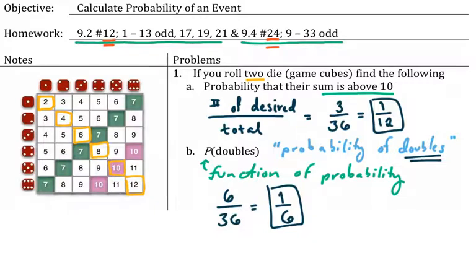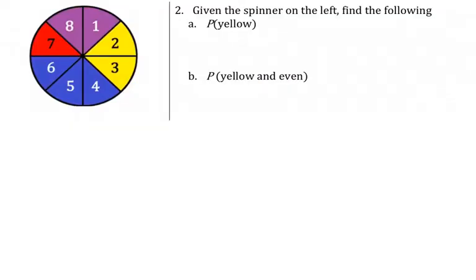Looking at another type of probability, you might see something like a spinner. These are nice equally sized pieces. P of yellow. So again, probability of landing on yellow. Yellow, we have 2 out of the total 8. So our fraction would be 2/8. We can simplify to 1/4. Since this does turn so nicely into a percent, 25% is just fine.